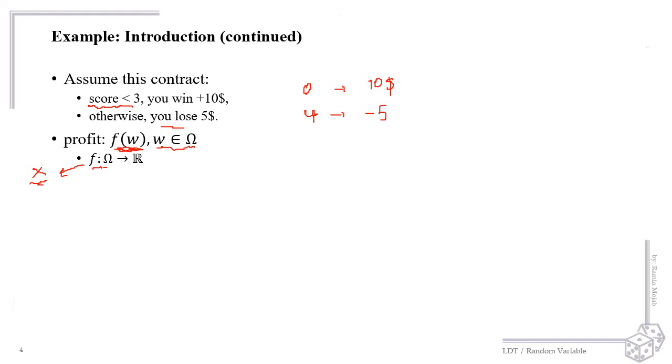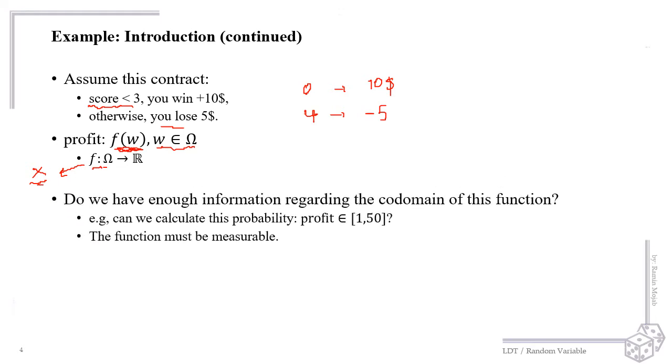However, we need to address an important question. Do we have enough information regarding the codomain of this function? Or, in other words, for example, can we calculate this probability that profit is in this interval? Or can we calculate the probability that profit is not negative?